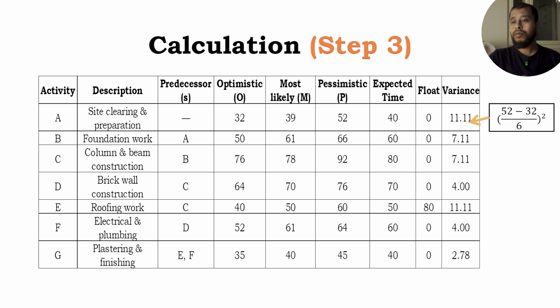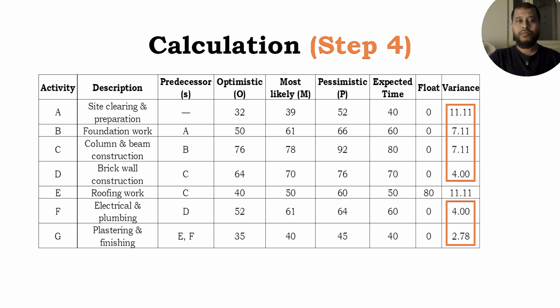We have done the other activities as well. For B, it is 7.11, C 7.11, D 4, E 11.11, F 4, G 2.78. My recommendation is you should check the calculation for your understanding.